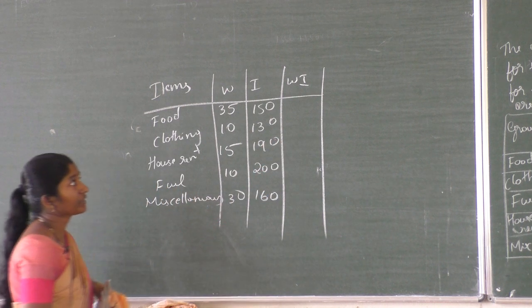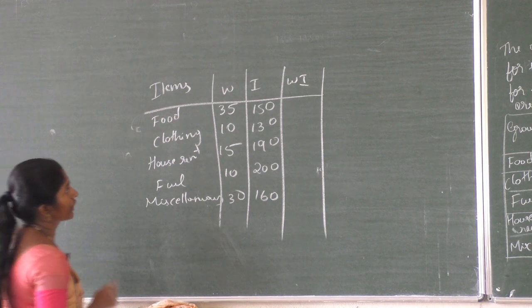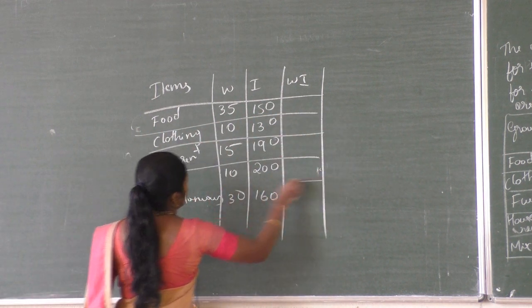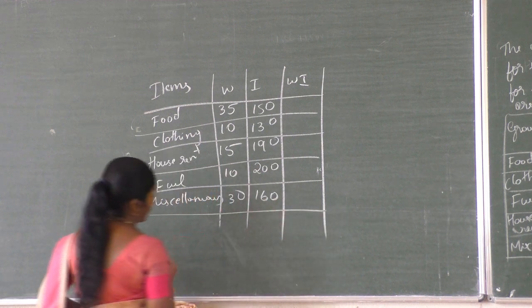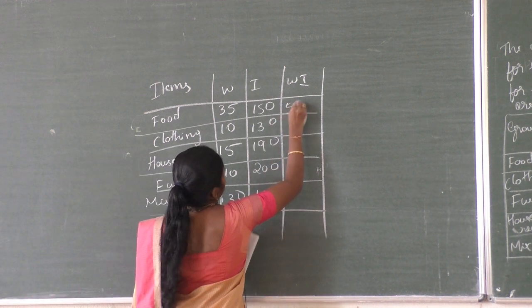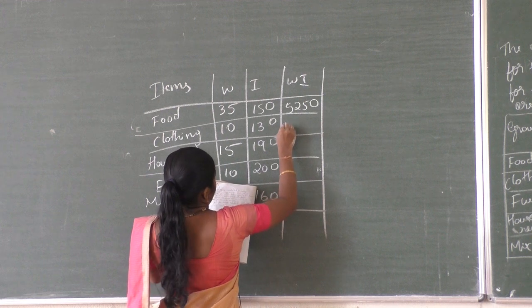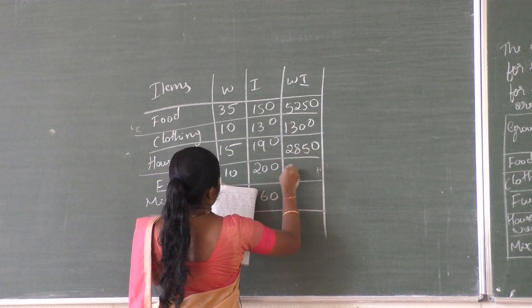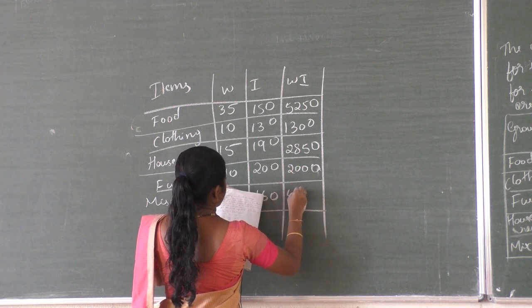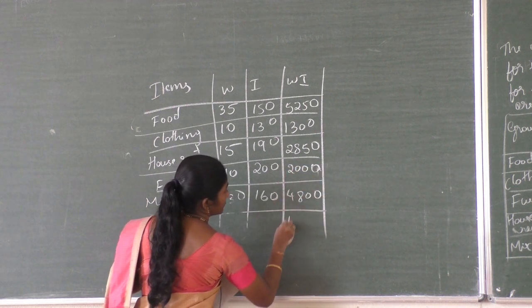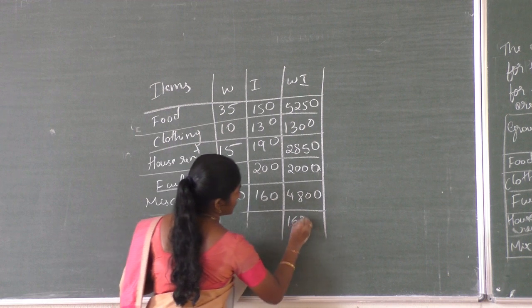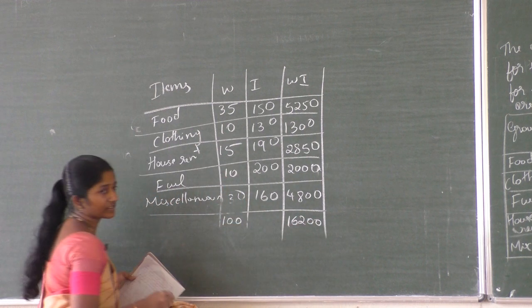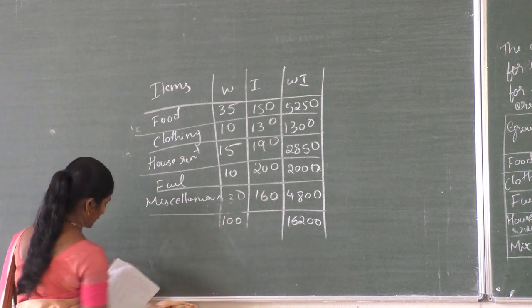You have to multiply W into I. These are the totals. Since percentages are given, you should take the total as 100 only.